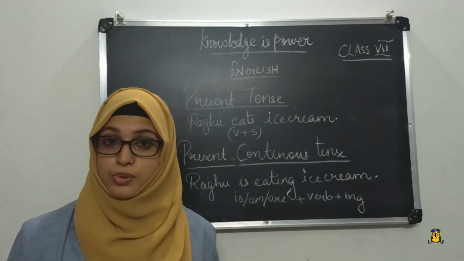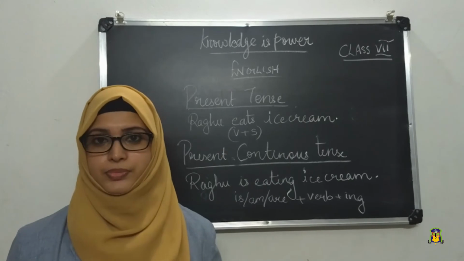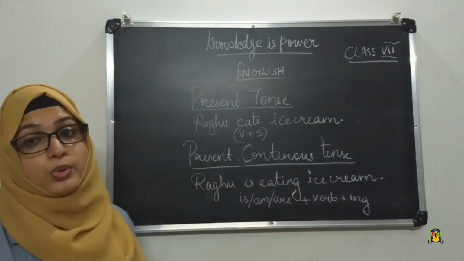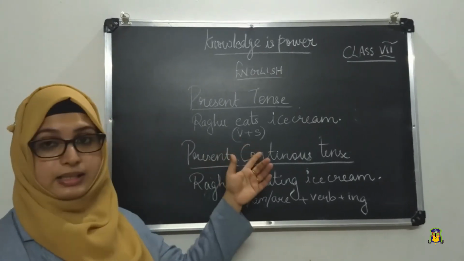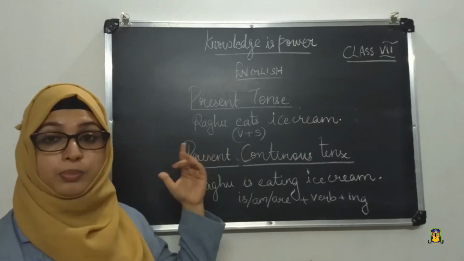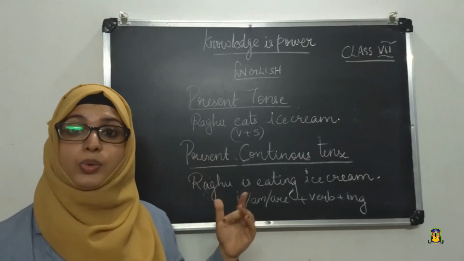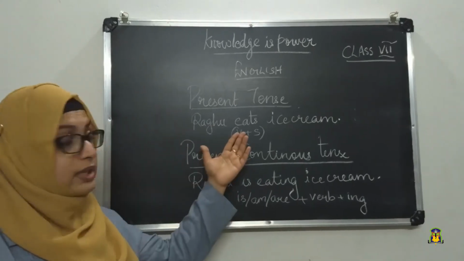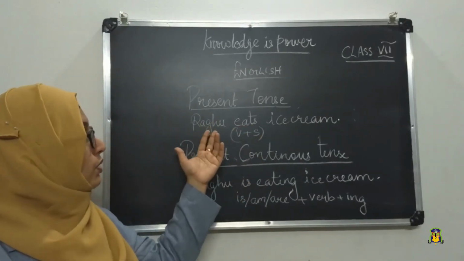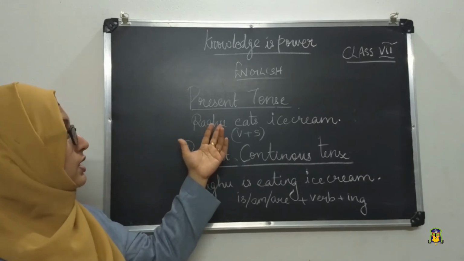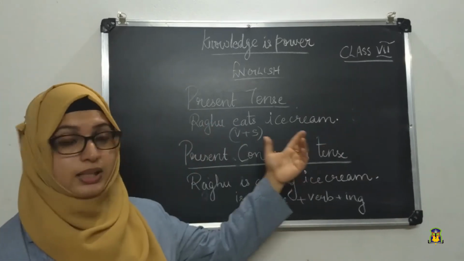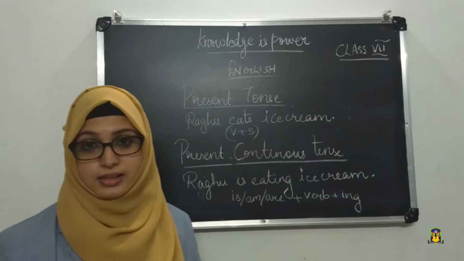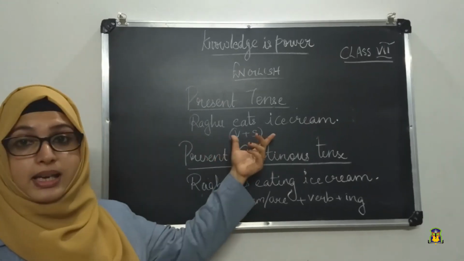If it is plural, we will use the plain verb. The subject is Raghu, here singular, so I add eats. If the subject was plural, like Raghu and his friend, we would have used eat. So Raghu eats ice cream. This is the structure of simple present tense: verb plus s form because singular.